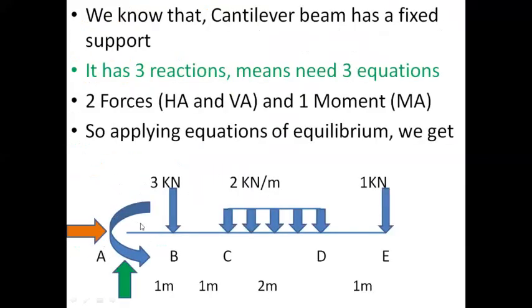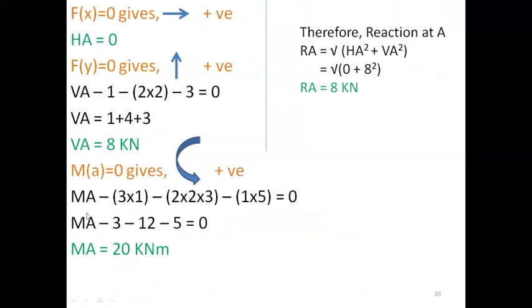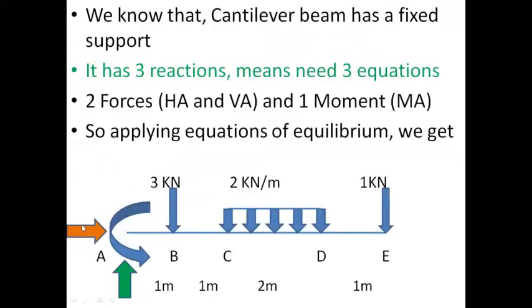So we have taken anti-clockwise as plus. So we have MA positive, then HA is passing through A point. फक्त काय लक्षात ठेवायचं? जो पॉइंट तुम्ही कन्सिडर करणार आहात त्या पॉइंटला जे कुठले फोर्सेस ऍक्ट होणार असतील ते फोर्सेस 0 समजायचे. Because VA and HA both are acting at point A. मोमेंट कुठे घेतोय आपण?